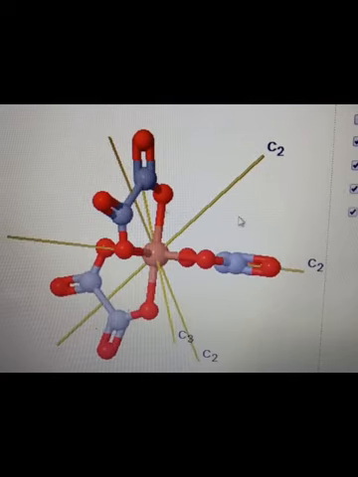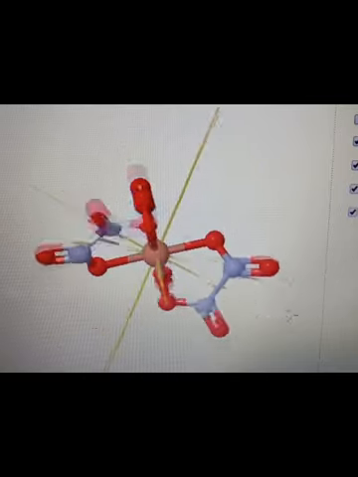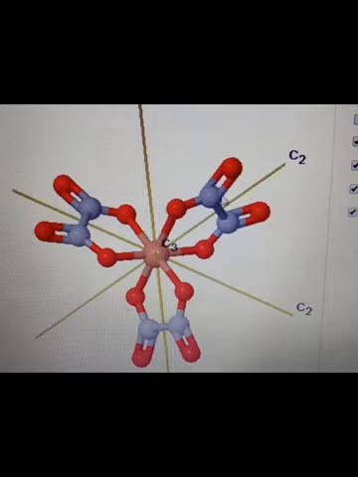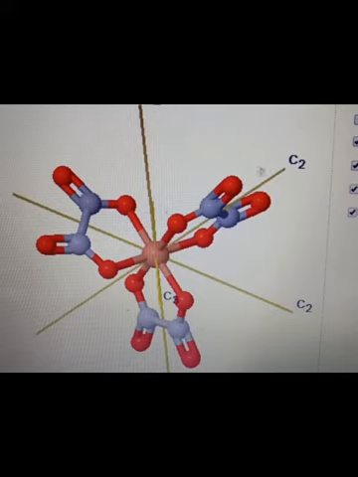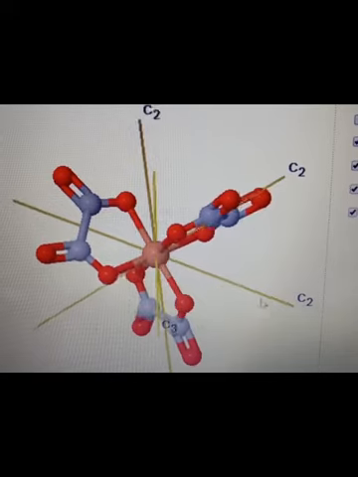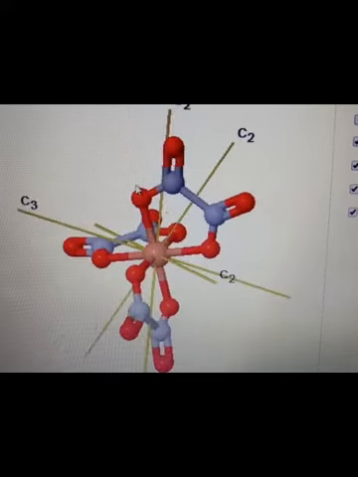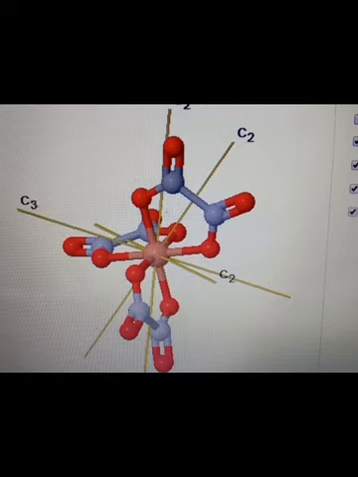That is, they are passing through the center of the ligand, the center of this edge, and the opposite side. So this molecule has C3 and 3 C2s which are perpendicular to the principal rotational axis of symmetry. C3 becomes the principal axis. Why? Because here it has the highest n value, that is 3, whereas here the n value is 2.